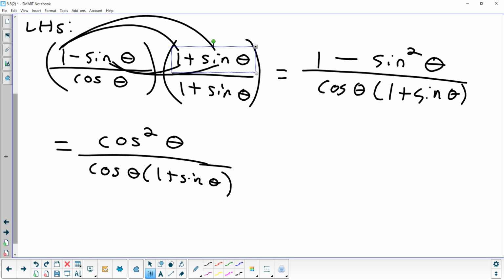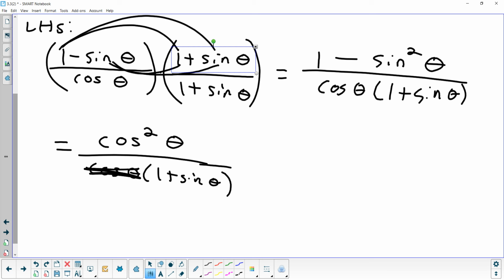Okay. Is there anything here that the top and the bottom have in common now? James? Cosine. How many cosines are in the bottom? 1. How many cosines are in the top? 2. So you can cancel out 1, because they both have 1 in common.